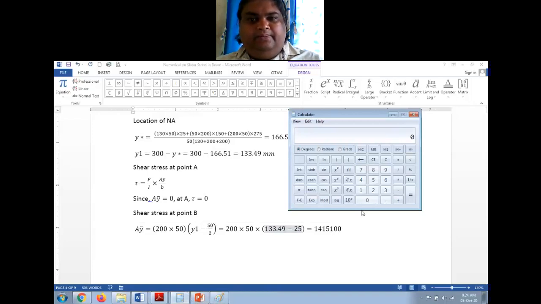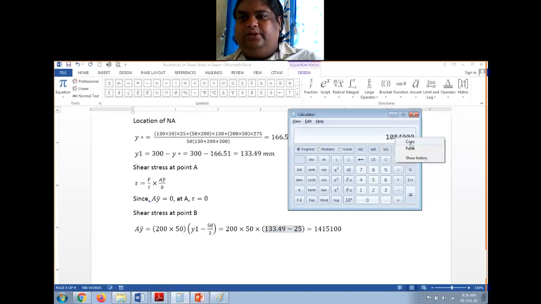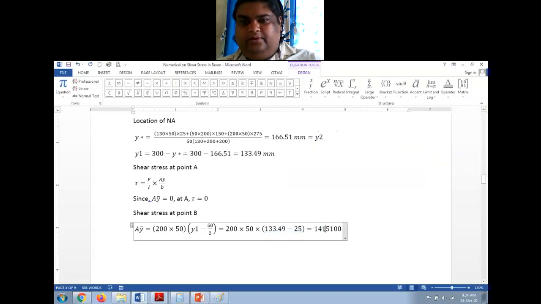So 200 into 133.49 minus 25, into 50 into 200, correct? So this is my A y bar for point B. Now I was saying, the area unit is meter square or millimeter square, and this is millimeter, so it becomes millimeter cube.